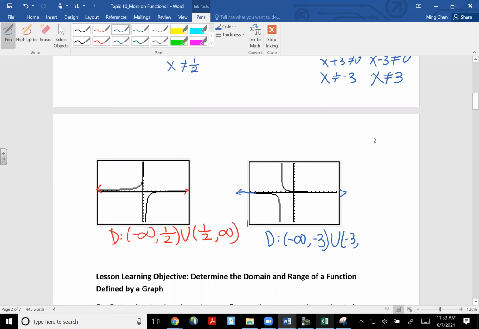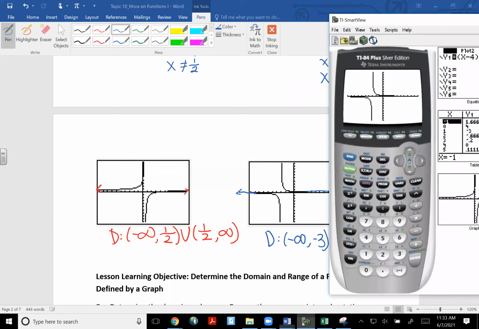But here's the thing, I had two restrictions. Okay, I got two restrictions. X cannot equal 3 as well. So my x values are from -3 to 3, but cannot be 3. That's why I use another parenthesis. But then if I keep on hovering, right? That means the graph will pick up on the other side of +3 and keep on going to infinity.